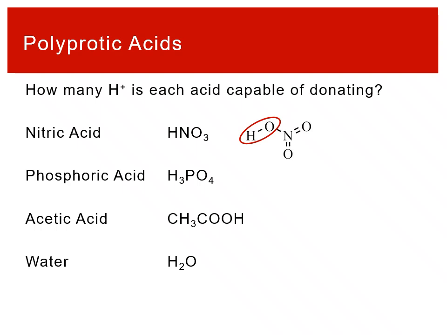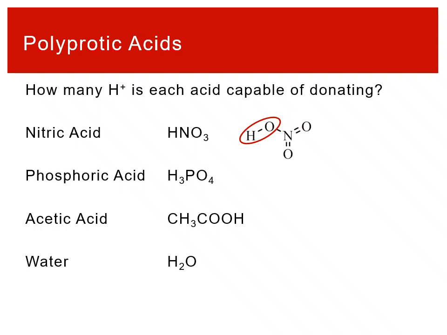We call that a monoprotic acid. Everything we've been dealing with so far for the most part has been monoprotic. So there's a single H on an HNO3 molecule, and that can come off in that way.